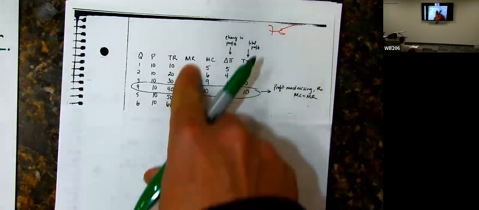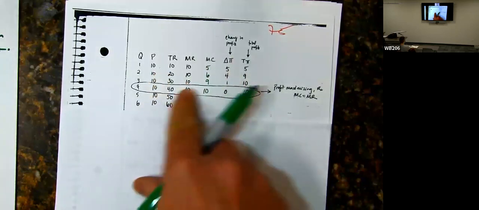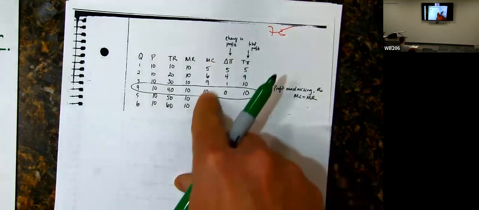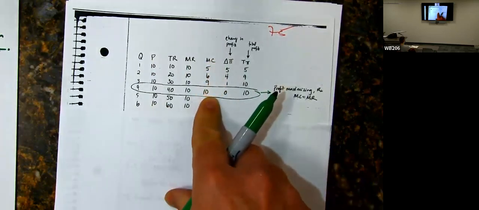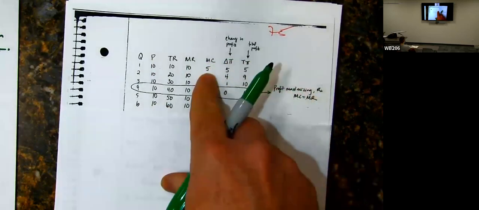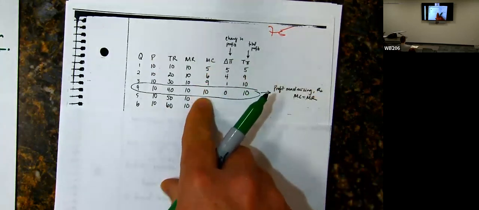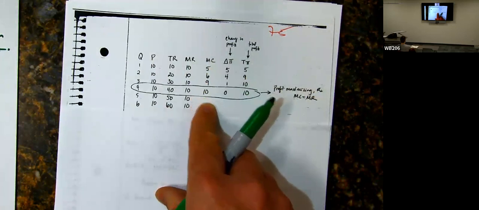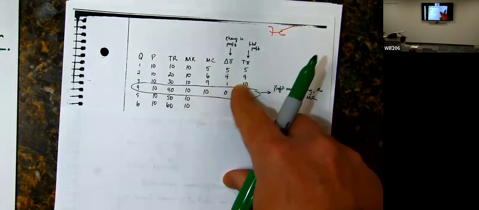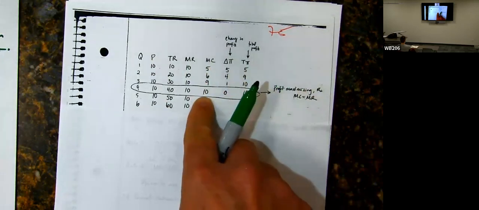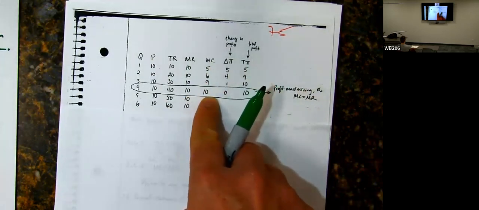My marginal revenue will be equal to the additional revenue captured from each unit. And then what I'm going to do is look at my marginal costs and my profits. The marginal cost of the first unit is 5, and then 6, and then 9, and then 10. My change in profit is positive so long as the marginal revenue is greater than the marginal cost.